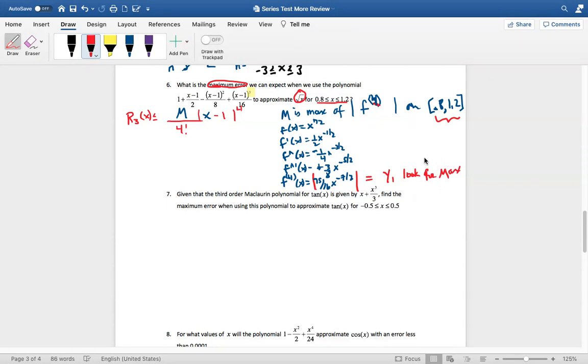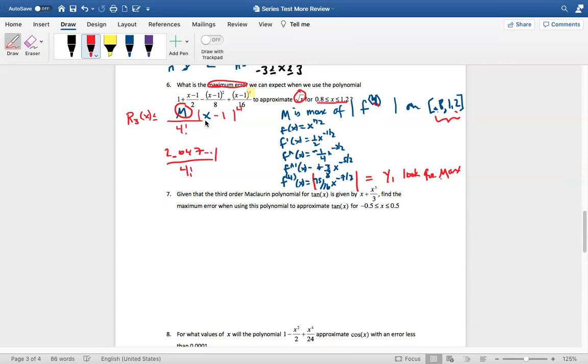And that number that you found, which is either going to be at 0.8 or 1.2, is going to be M. And again, I didn't write down which one it was, but I got 2.047-ish over 4 factorial.